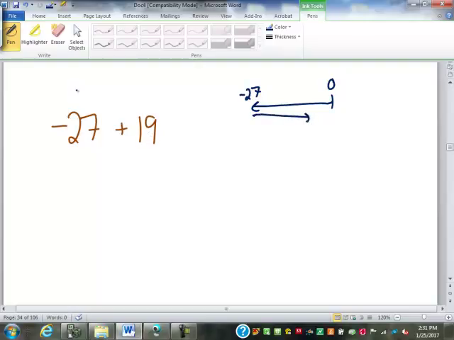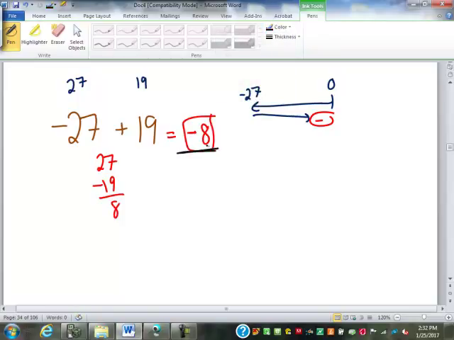Negative 27 has an absolute value of 27. 19 has an absolute value of 19. It is a smaller absolute value, so it's a shorter vector. So what that tells us is we end up on the negative side of 0. So our answer is negative. And since the vectors point in different directions, the value is the difference between the absolute values. So 27 minus 19, which is going to be 8. So this is a negative 8.